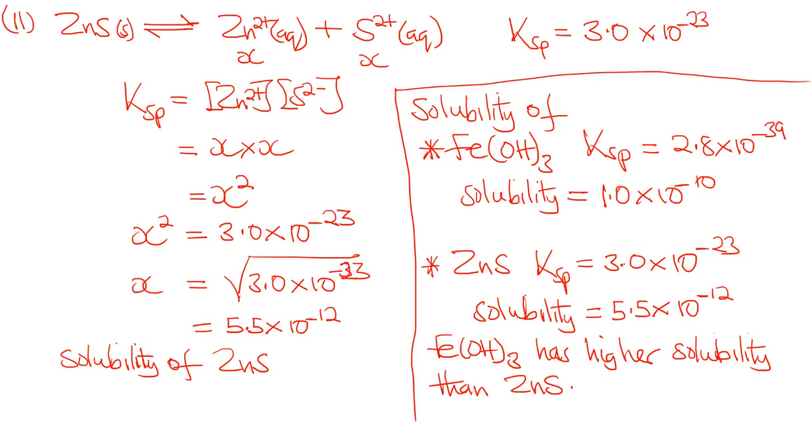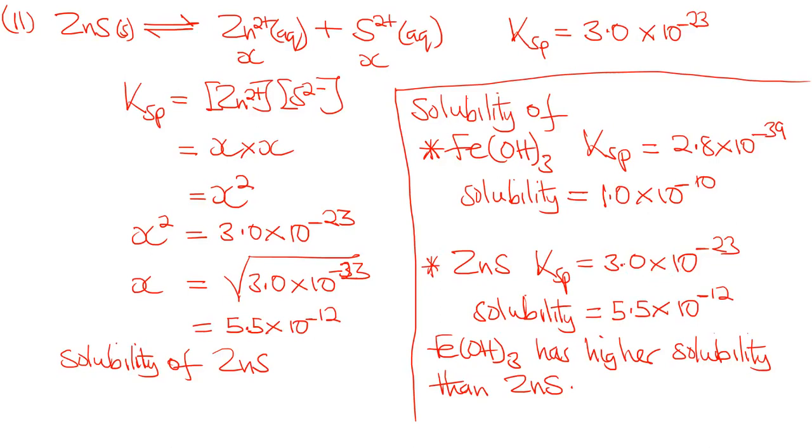Let me say again, the KSP of ferric hydroxide is very small. You can see this is to the power negative 39. The KSP of zinc sulfide is higher. That is to the negative 23.